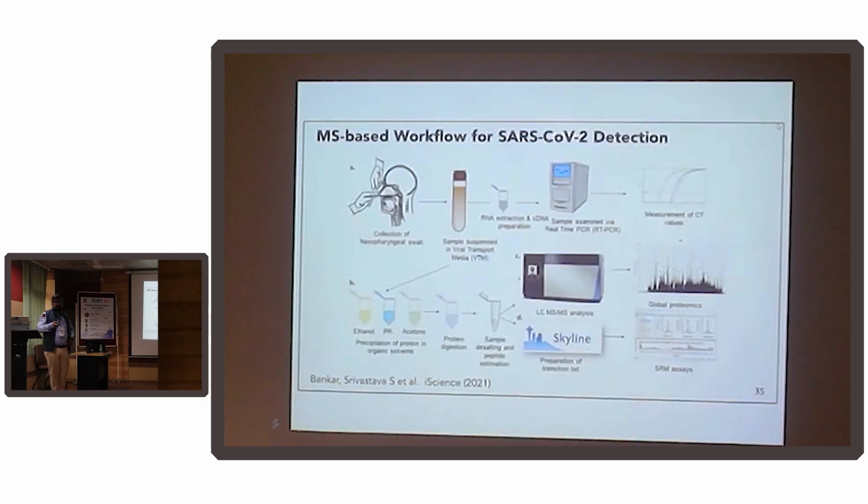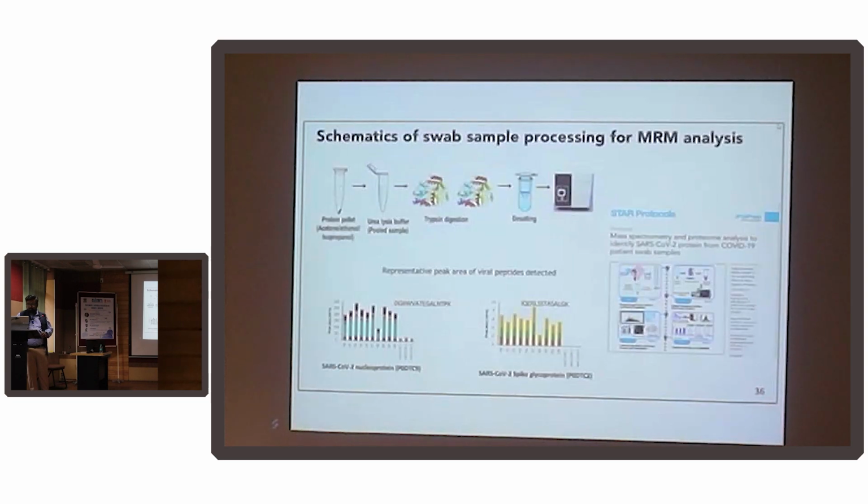You might ask, there were already PCR-based studies, but PCR later on we understood gives a lot of false positive results. Proteins are much more robust in terms of detection. So we took some positive samples and developed an SRM assay, and here we could detect the SARS-CoV-2 nucleoprotein and SARS-CoV-2 glycoprotein in the samples.